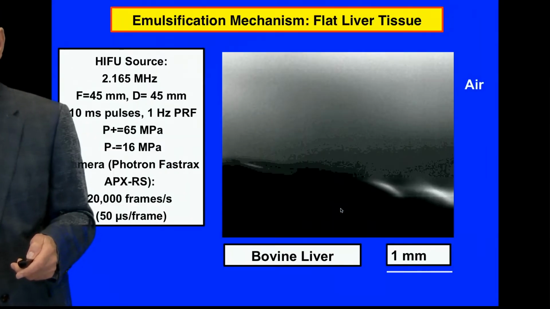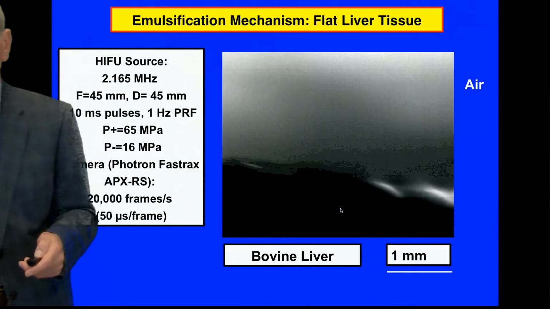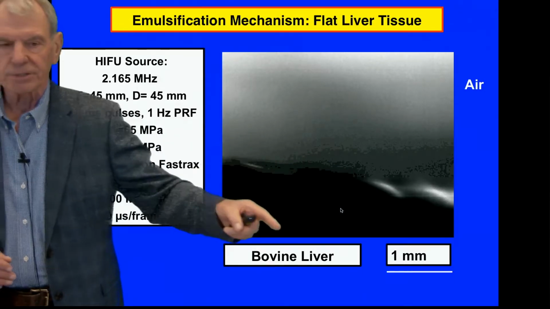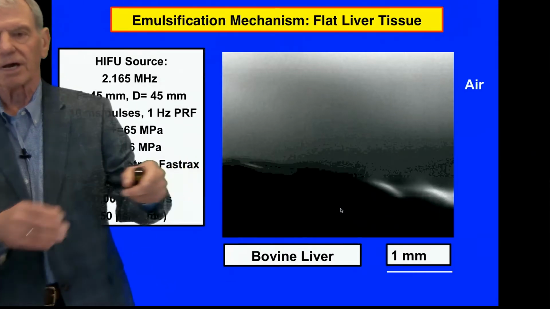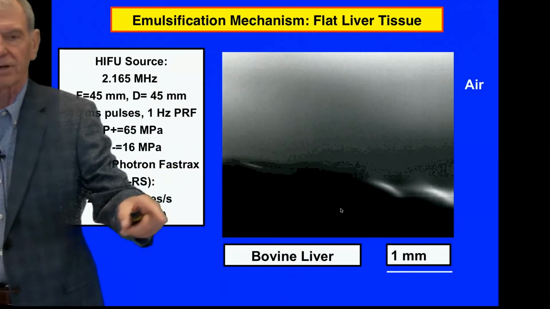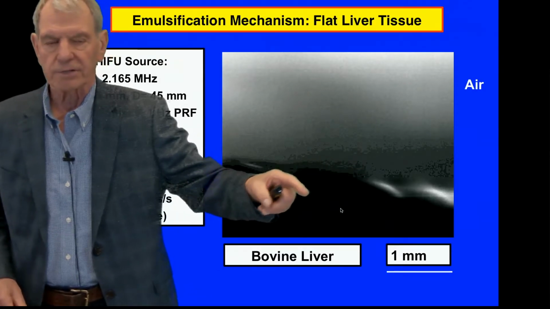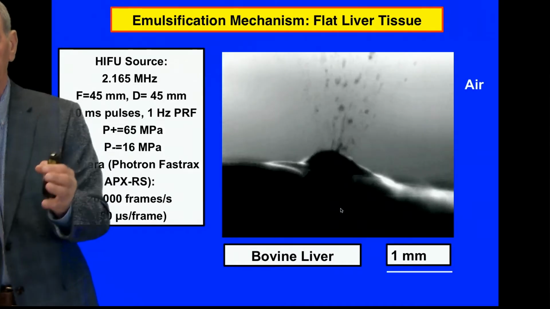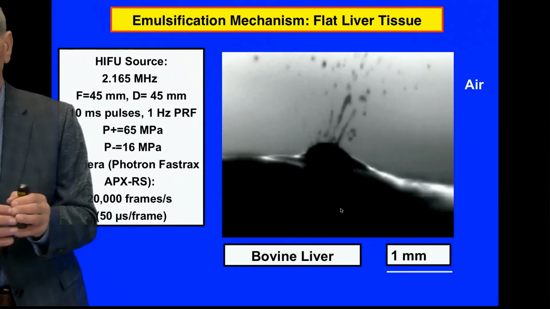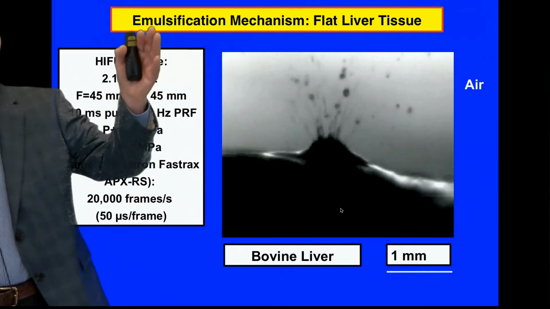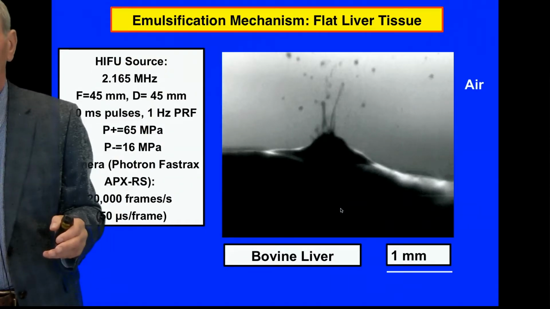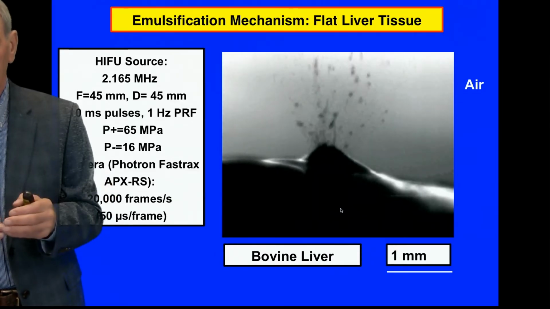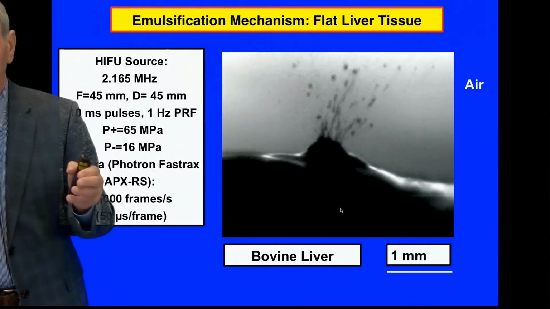This is kind of complicated, but let's suppose that you have an interface, and this is liver tissue, and you focus the HIFU source, and these are the parameters, right on the interface. What happens is that you get jetting. The tissue is destroyed and it's blown out into a shower. So this is the emulsification of tissue by focused ultrasound on the surface of an interface.